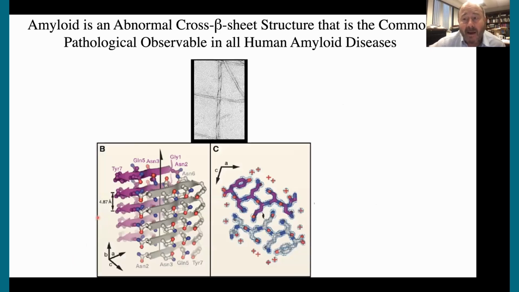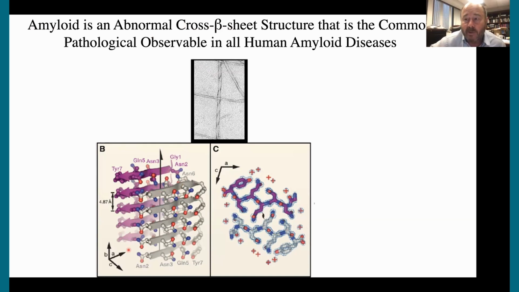Now, the commonality amongst all human amyloid diseases is this cross beta sheet structure known as amyloid. So anytime you hear the word amyloid, you should think of protein structure, and it's a specific structure wherein one protein contributes to each ladder of an amyloid fibril, and the amyloid fibrils are very large.